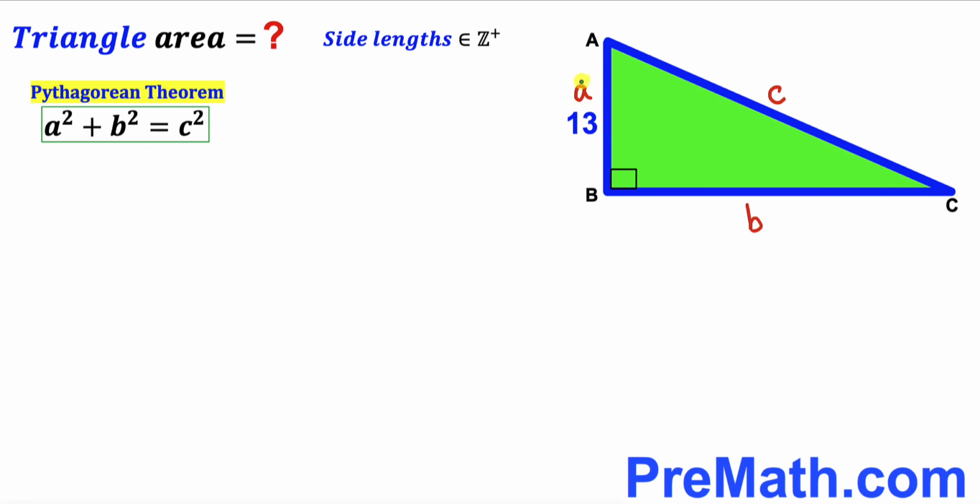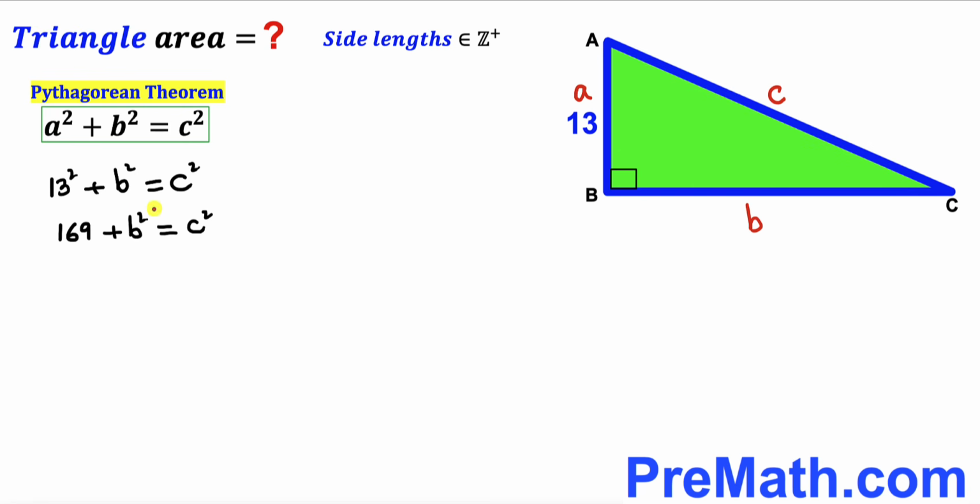Now we know our a value is 13, so I'm going to substitute the value 13 over here. Let's go ahead and fill in the blanks. So we get 13 square plus b square equal to c square. Therefore we end up with 169 plus b square equal to c square.